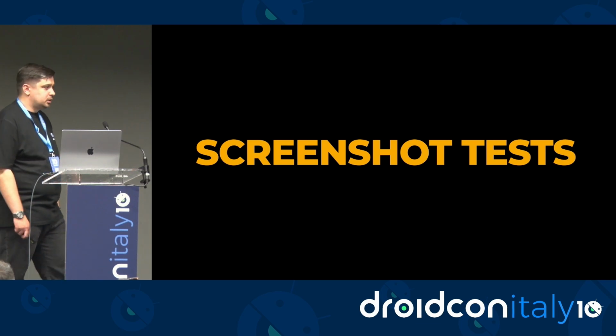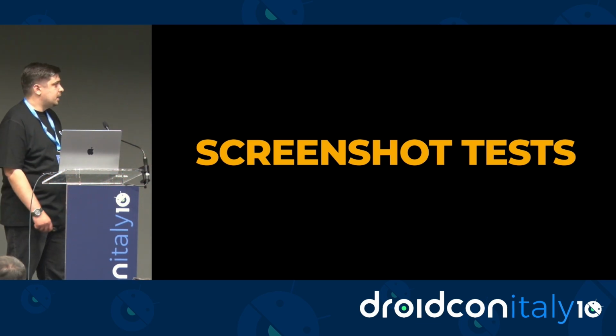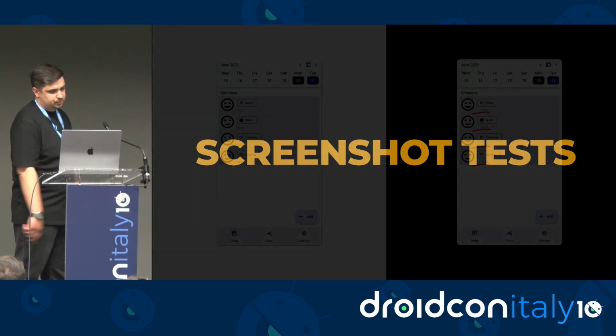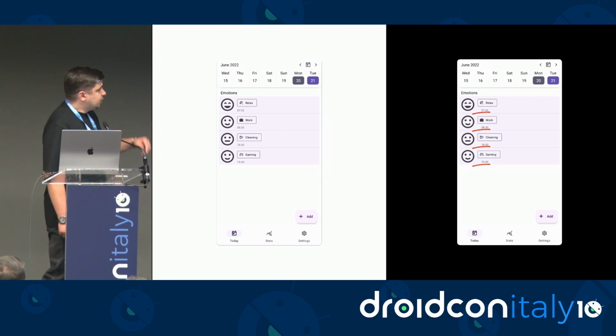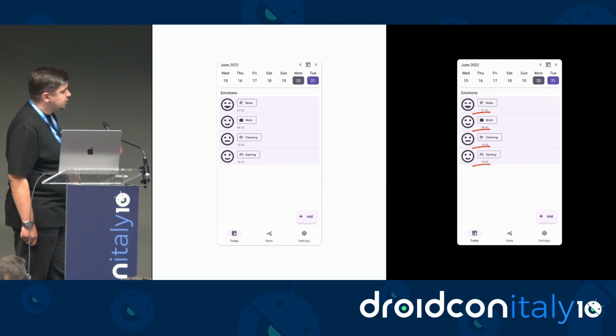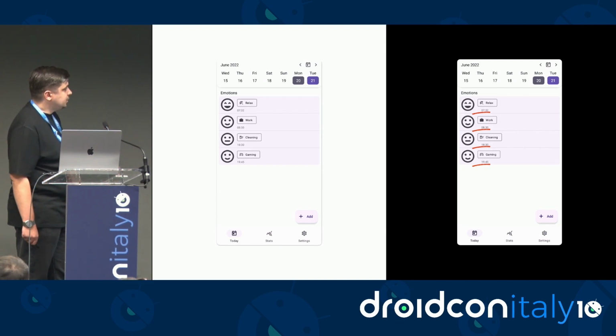And if we already started to talk about taking screenshots in testing animation, let's take a look at screenshot tests. So if you try to use a functional test or an end-to-end test to check the simple scenario, let's try to analyze the first item. The content description of an icon is similar because the icon is the same. Category is also similar, and time is similar.